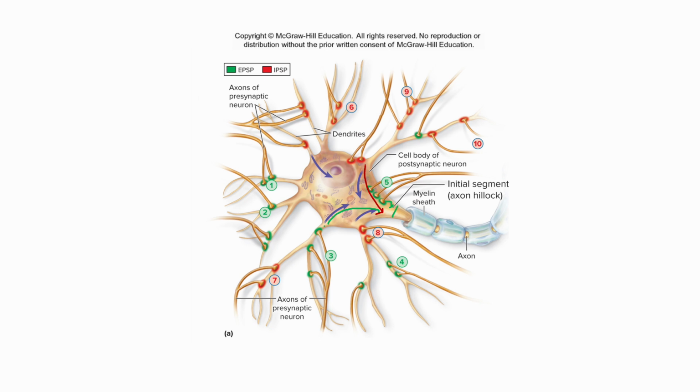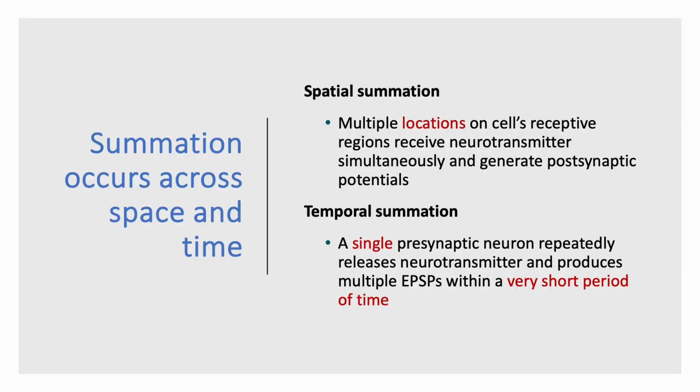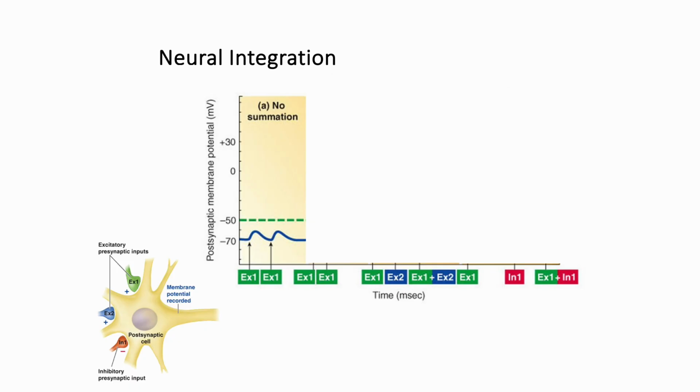So in addition to a spatial effect, there's also a temporal effect, right? The effect of time when they arrive at the axon hillock. Because of this, then, we have two types of summation that can occur. And those include spatial summation and temporal summation. And I think before I define these, I'm actually just going to show you an example of what these mean.